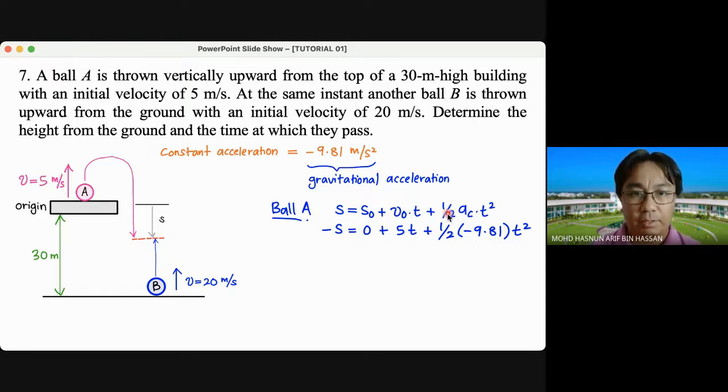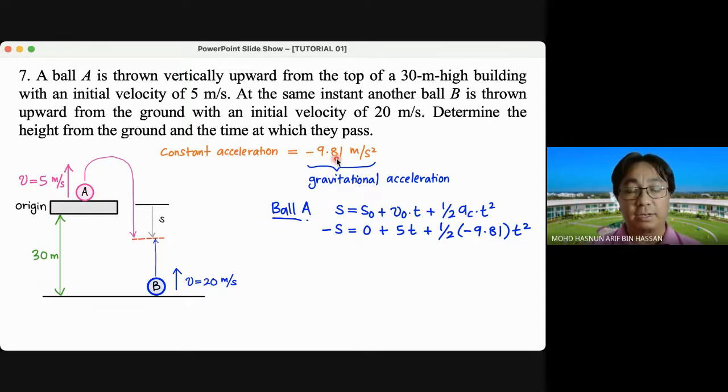Plus 1/2 AC. I have mentioned earlier, AC here is the gravitational acceleration. So you will substitute AC here with minus 9.81. Okay, kenapa minus? Because gravitational acceleration tu dia going downwards. So secara general kita ambil sebagai whatever is going up is positive, going down will be negative.